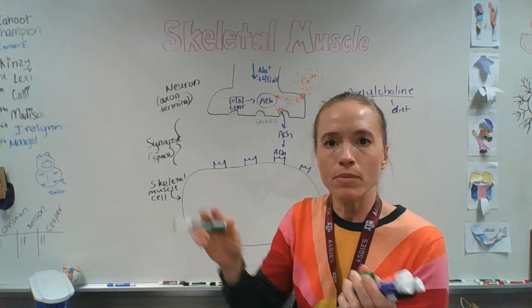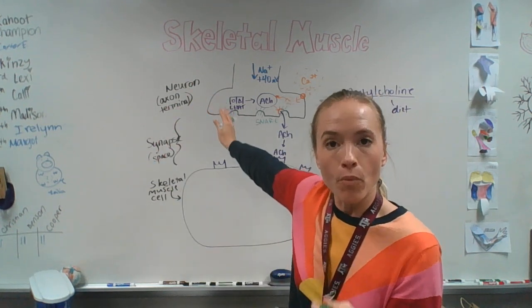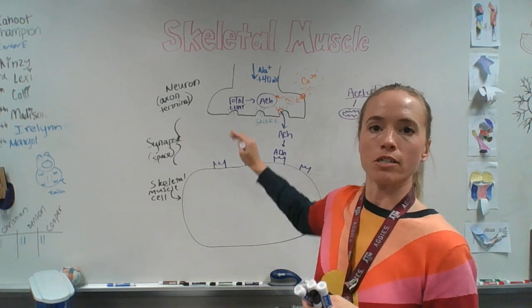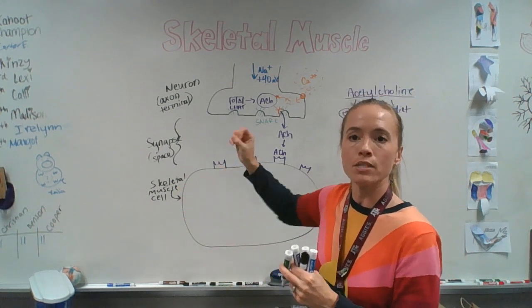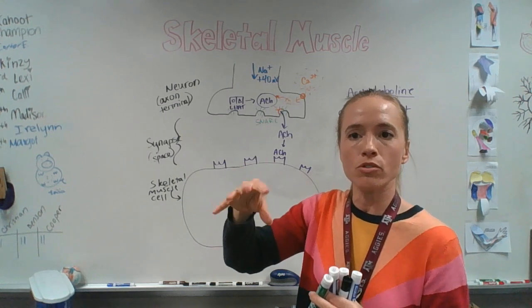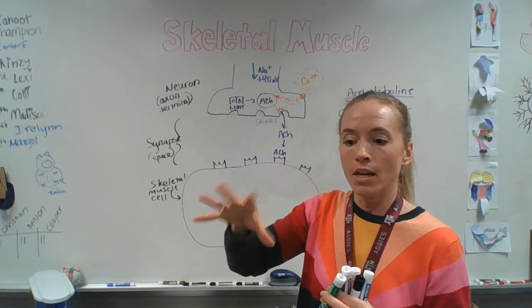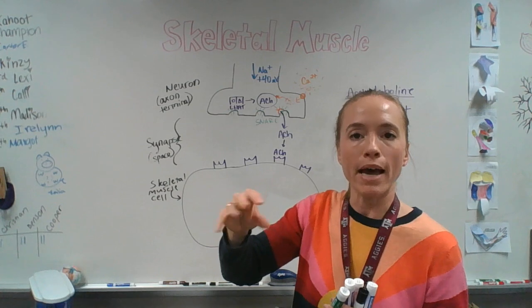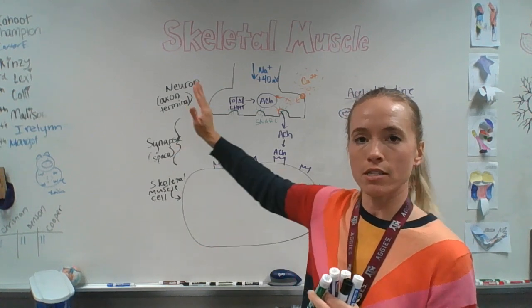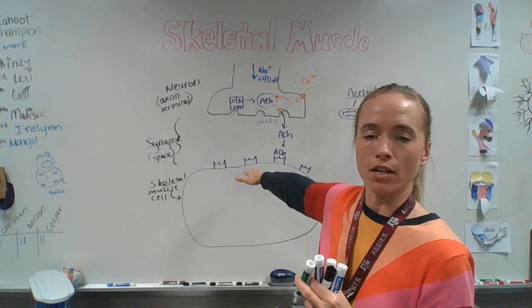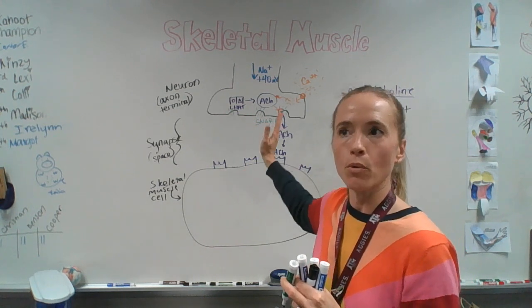Why would you want to break something that you just made? Well, every time acetylcholine touches a muscle cell, it contracts. So you don't want it to stay in the synapse and keep touching the muscle cell, or the muscle cell would keep contracting, which is spasms or tremors. Not good.